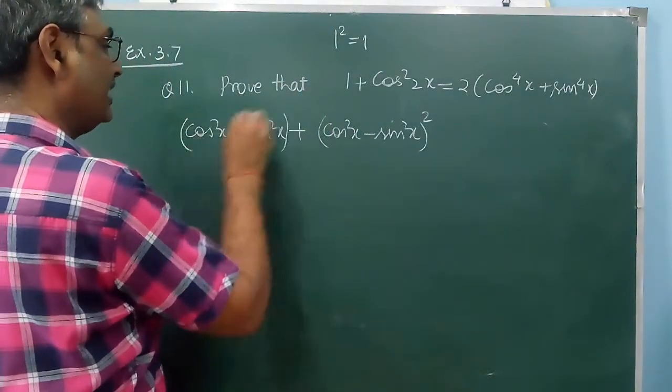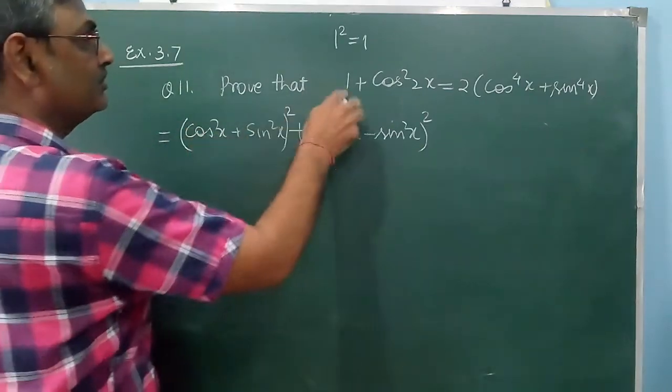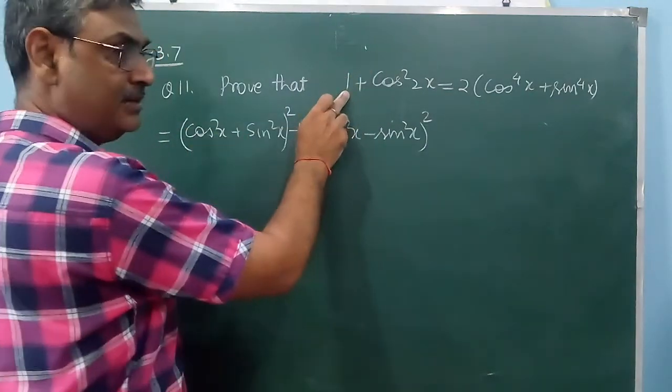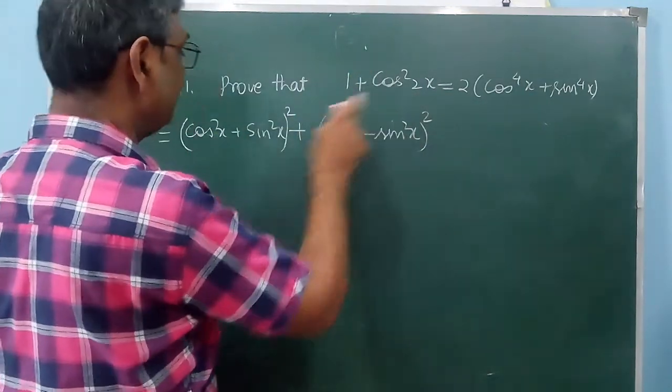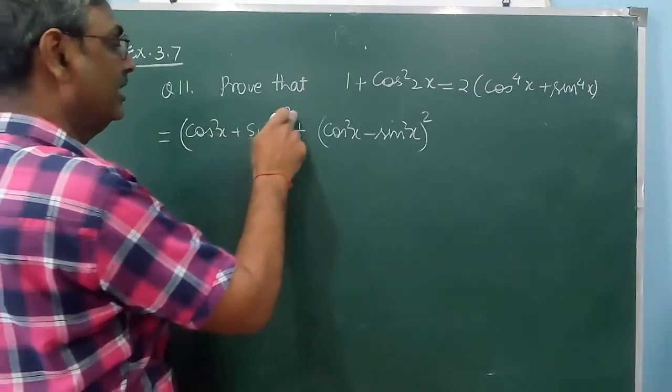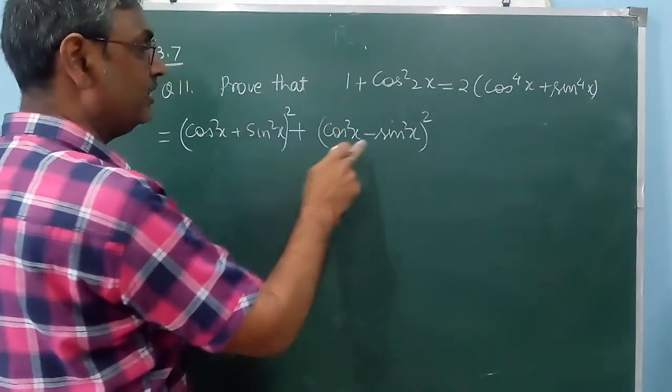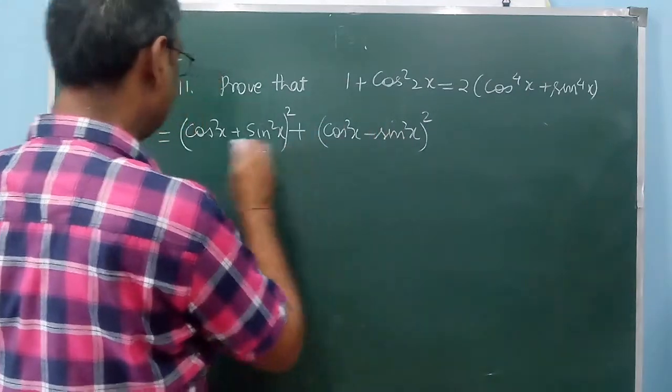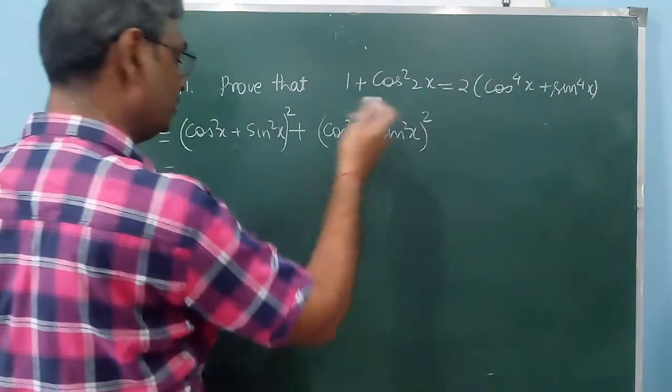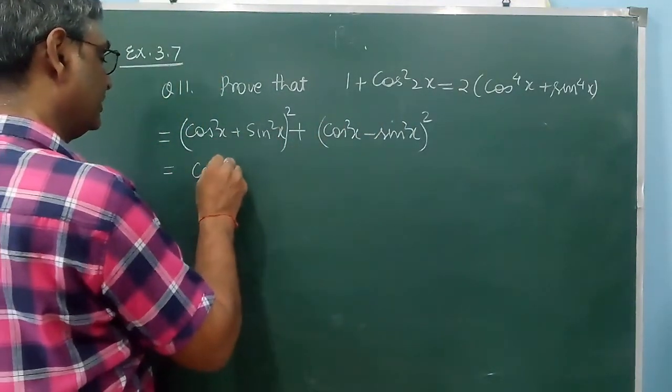So this also I can write in the square form, because 1 square is equal to 1. So 1 square is cos square x plus sin square x whole square, and this is cos square x minus sin square x whole square. Now open it.